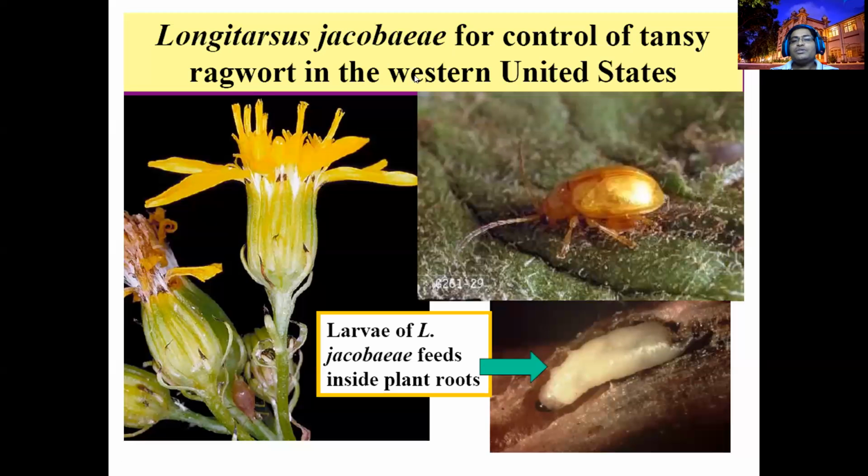Another one was used in the Western United States to control tansy ragwort, with Longitarsus, which is also a coleopteran beetle, to control weeds like chrysanthemum.